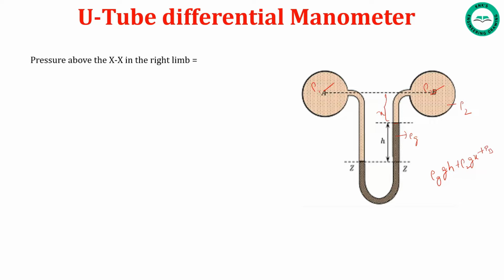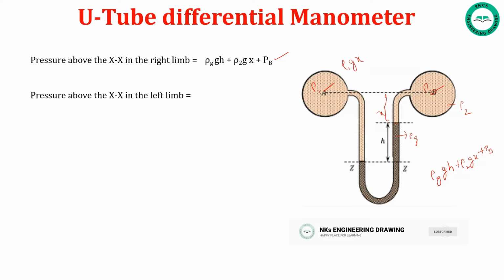So this is for the right limb of the manometer: rho G G H plus rho 2 G X plus PB. Similarly, write for the left limb. Pressure above the XX in the left limb can be written as rho 1 G, height is X plus H. So this can be written as rho 1 G (H plus X) plus PA.